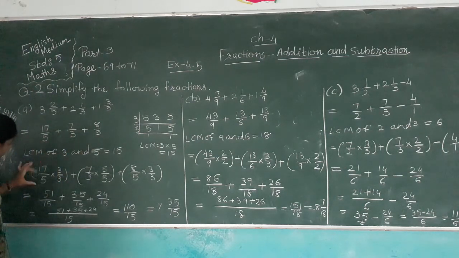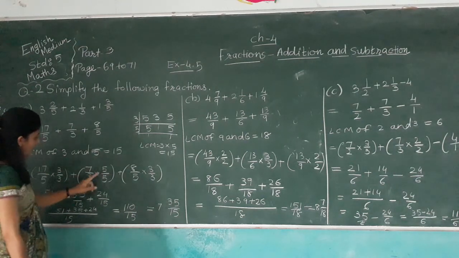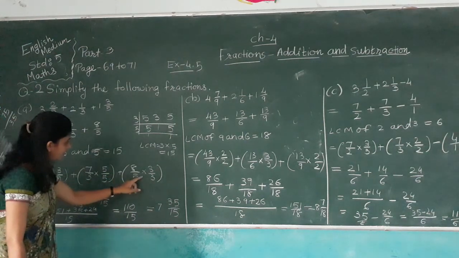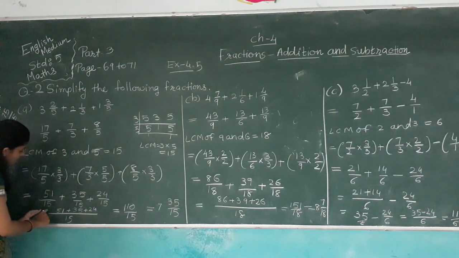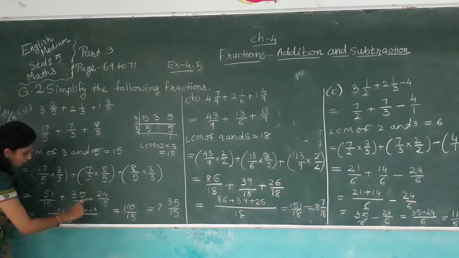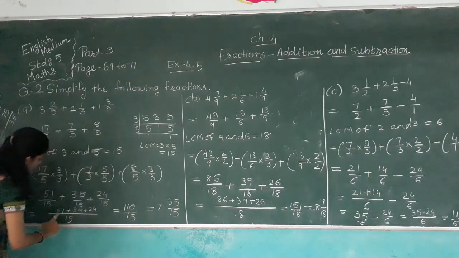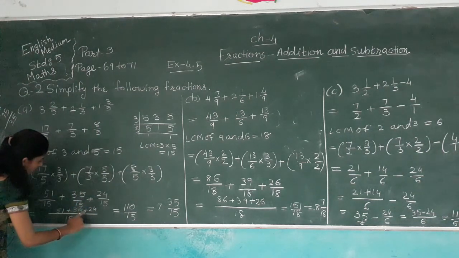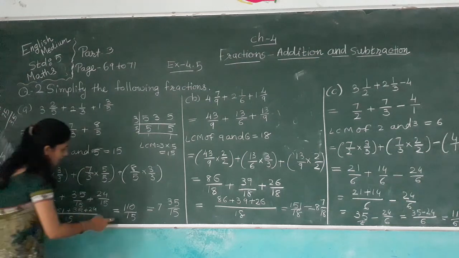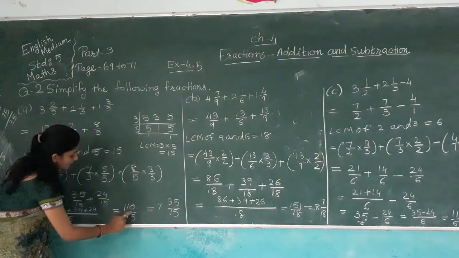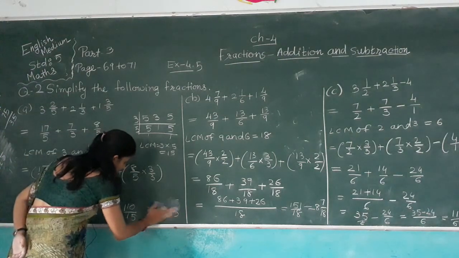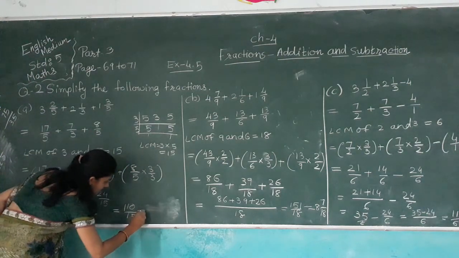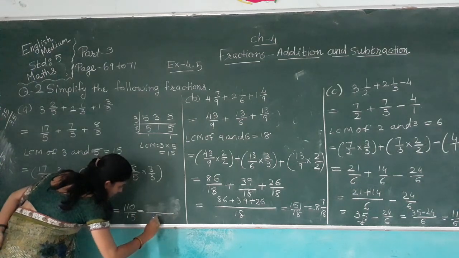So 17 out of 5 multiplied by 3 out of 3 plus 7 out of 3 multiplied by 5 out of 5 plus 8 out of 5 multiplied by 3 out of 3. Then we get the answer 51 out of 15 plus 35 out of 15 plus 24 out of 15. So 51 plus 35 plus 24 out of 15. Then we get the answer 110 out of 15.